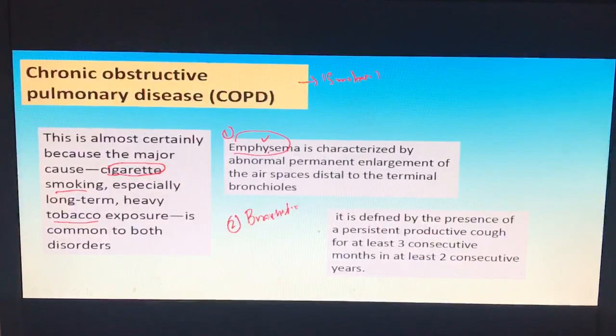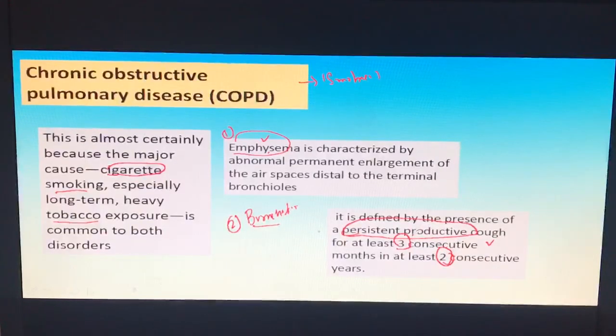inflammation of bronchi. The exact definition of bronchitis, according to the WHO definition, is a persistent productive cough. For 3 consecutive months in 2 consecutive years, the person is having a cough.